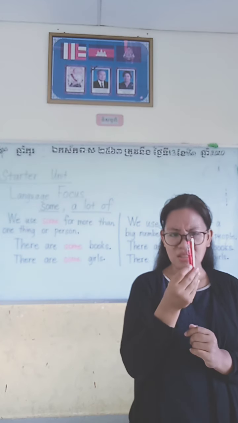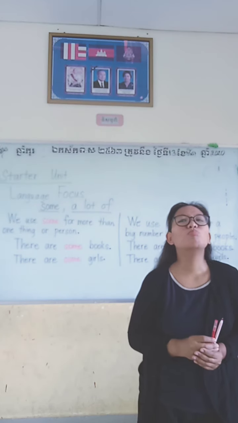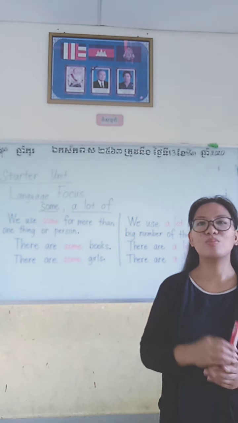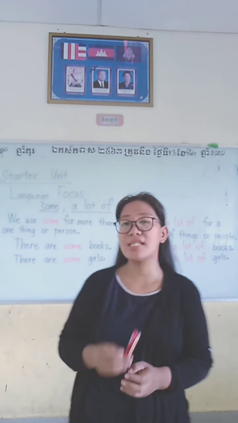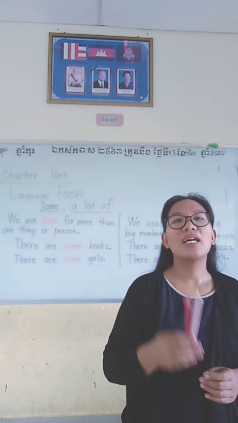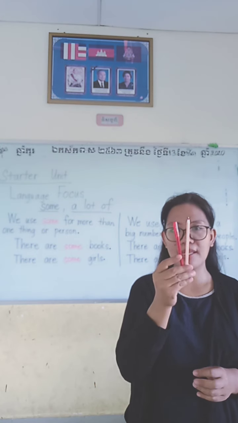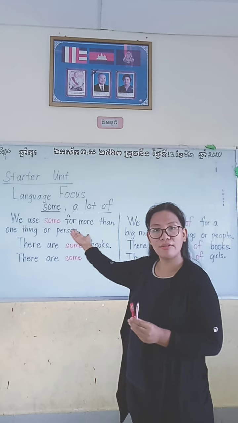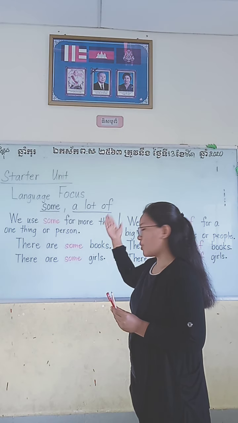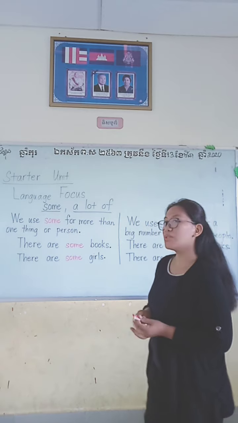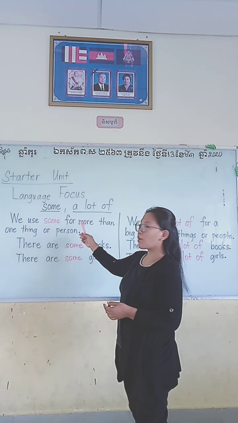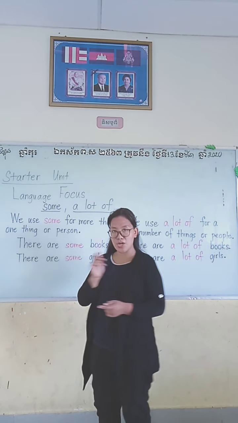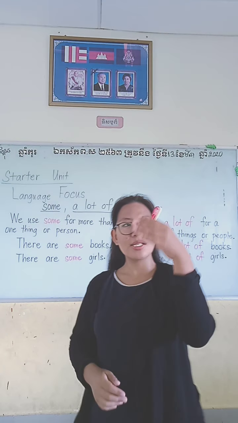Some or a lot of? The correct answer for this is there are some pens. Because according to the rule for some, you can use some for more than one thing or person. There are some pens.